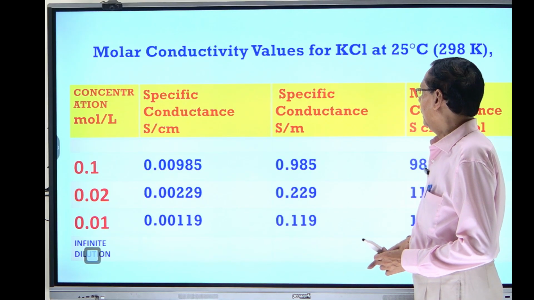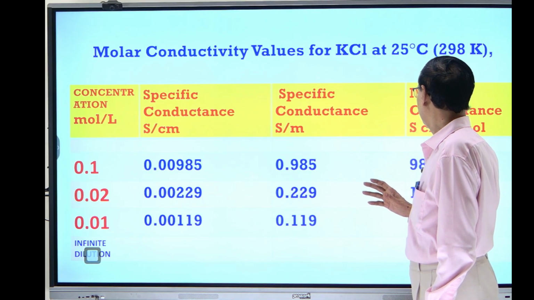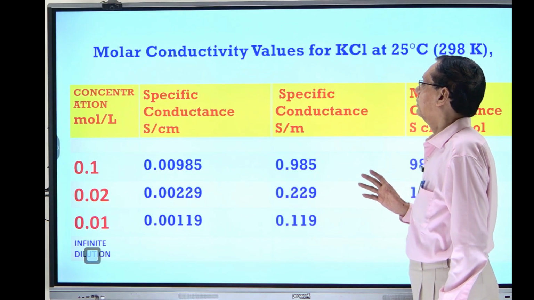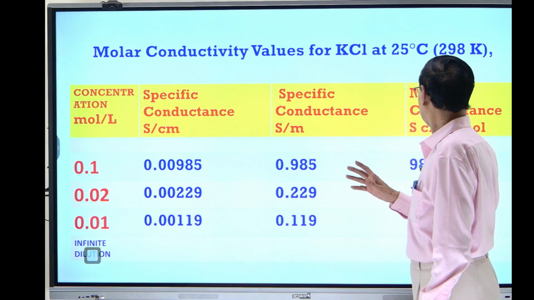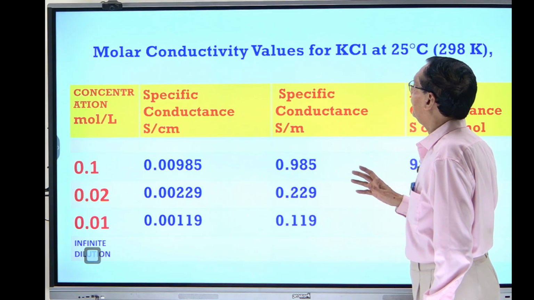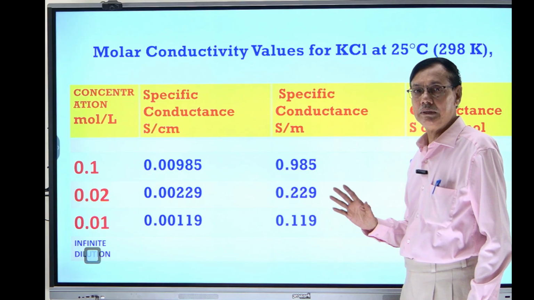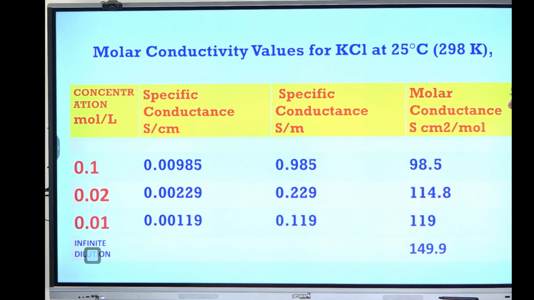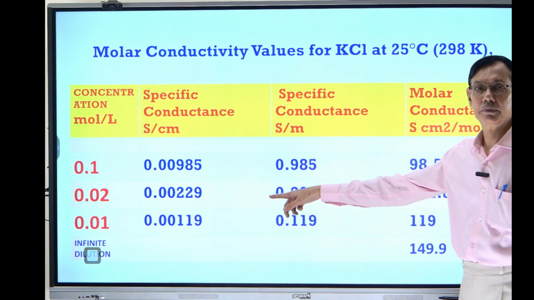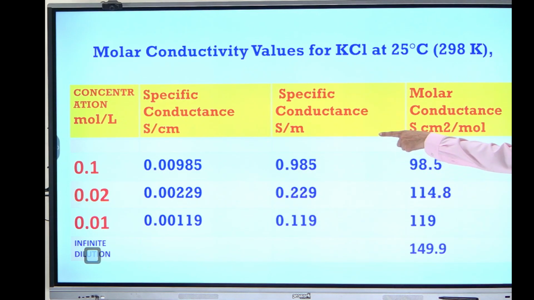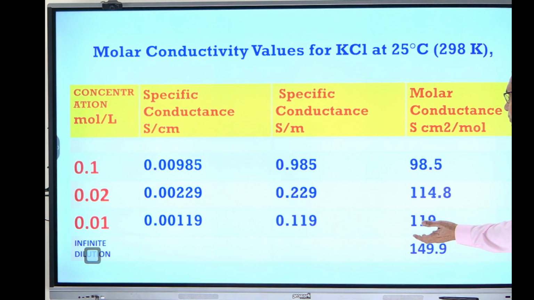Now I am giving some values of molar conductance and specific conductance. इसको थोड़ा अच्छे से देखिए. I have prepared some solutions like 0.1, 0.02, 0.01 and then infinite dilution.